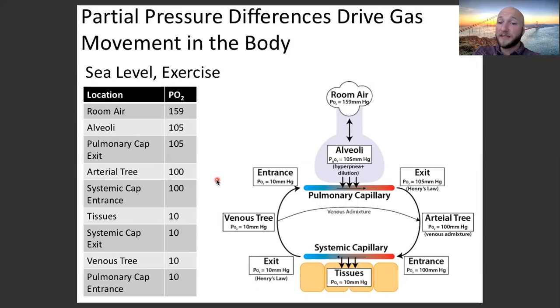If we're exercising, these numbers might be a little bit different. It'll be the same air that comes into our alveoli from the atmosphere. It'll be the same level of oxygen in our systemic capillaries. But when it gets to our tissues, they are using up oxygen at a higher rate.